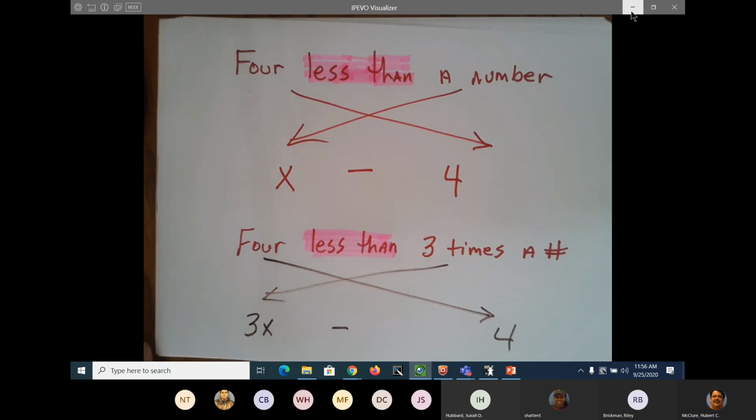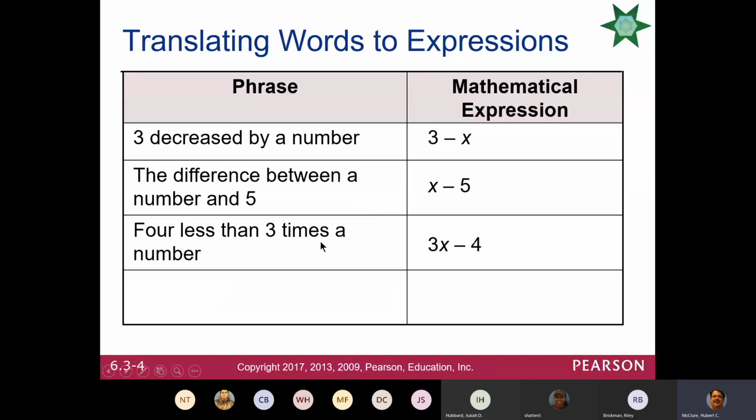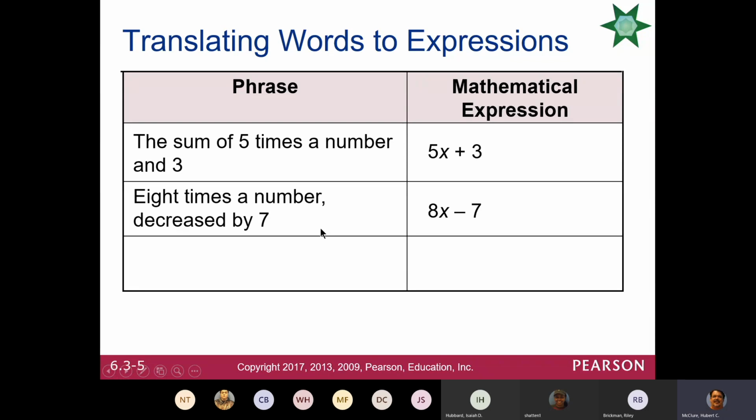And that takes care of the translation sentences. They may give us one more, I don't know. And write those down.